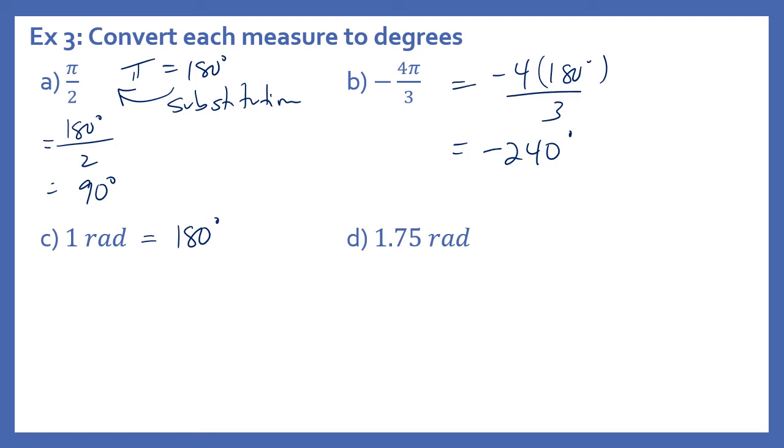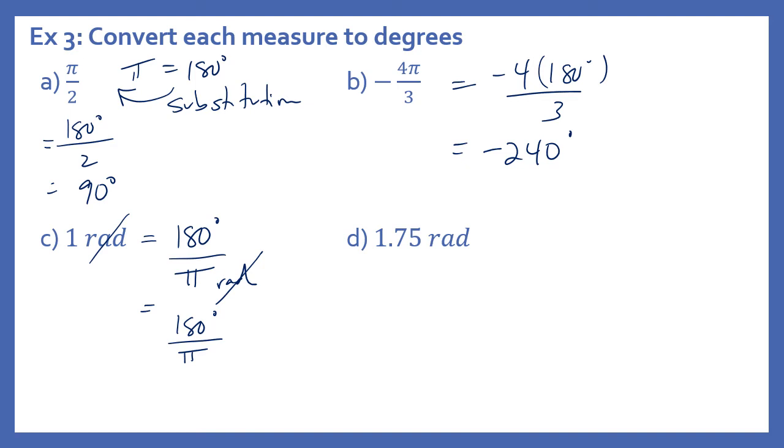I want it to be 180 over pi. You'll see why in a second. And again, that's pi rad. So what happens here is these radians cancel. Rads cancel with rads, and you're left with 180 over pi. So instead of it being pi over 180, it's 180 over pi.